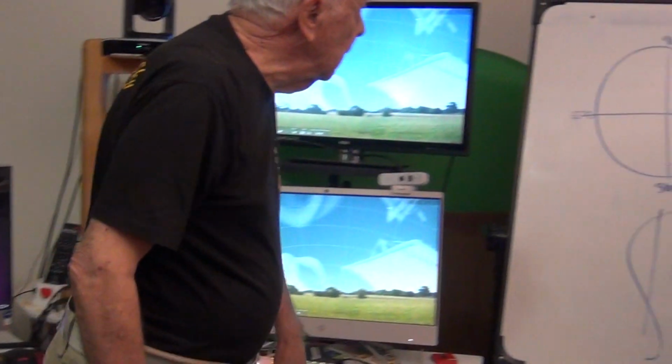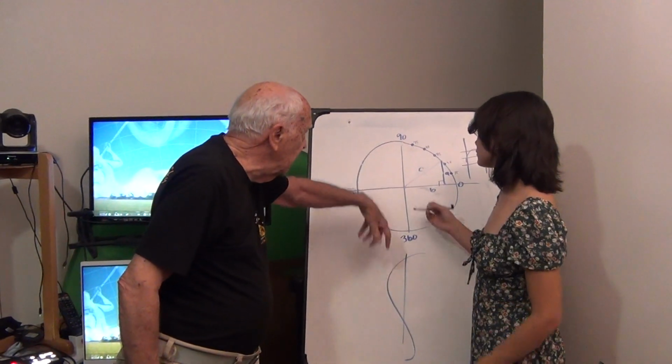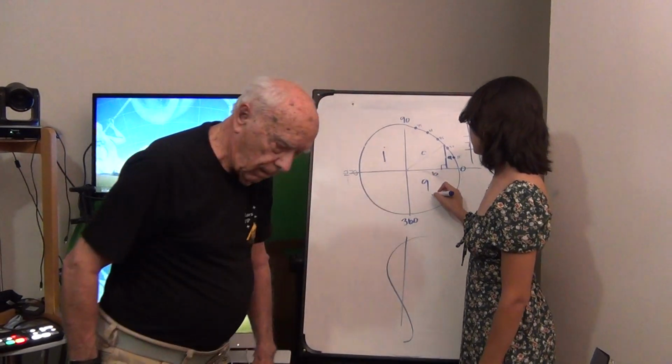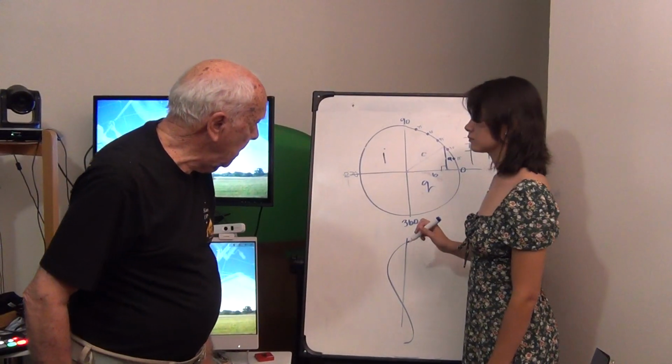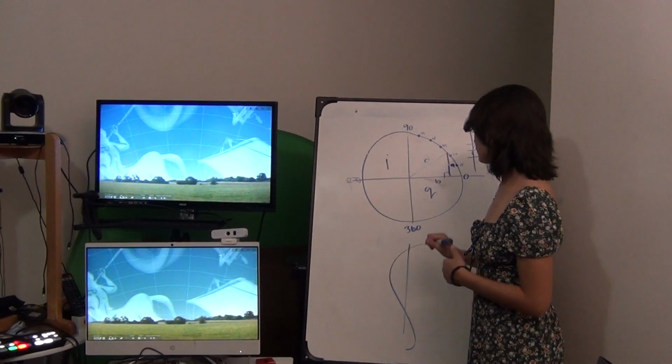So what we've done in our world now is use this principle. Put an I here and a Q here. She makes a Q different.